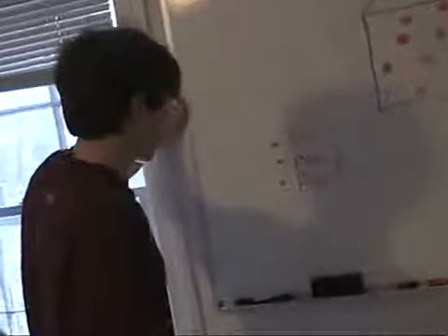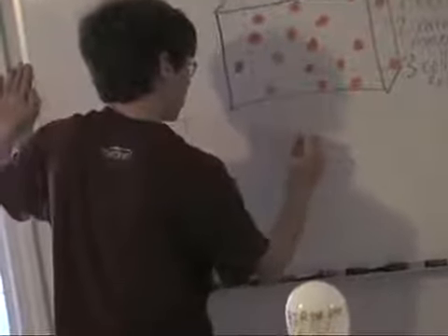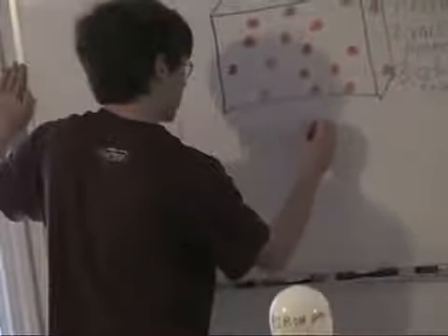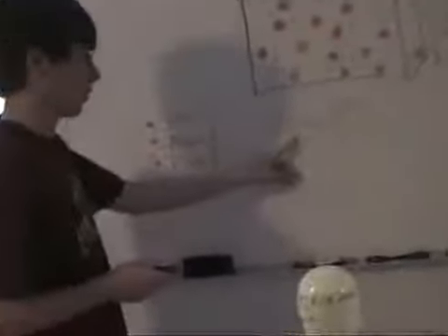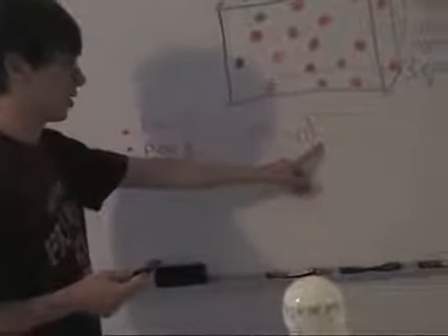So these laws can be combined into one ideal gas law, which says PV equals nRT, where P is pressure, V is volume, n is the number of moles, R is a constant, and T is temperature.